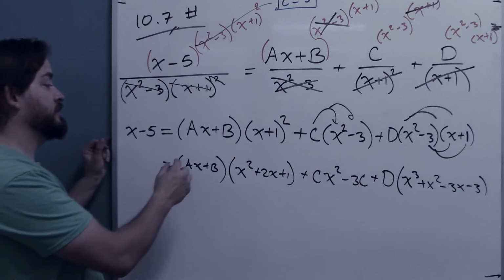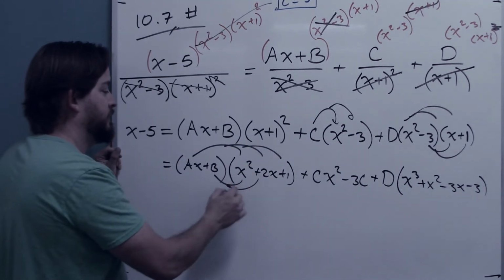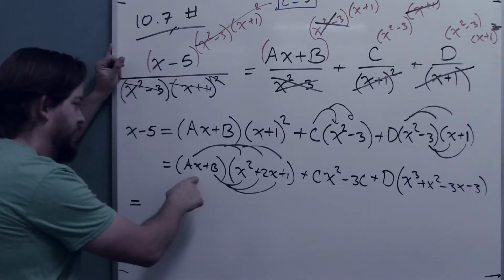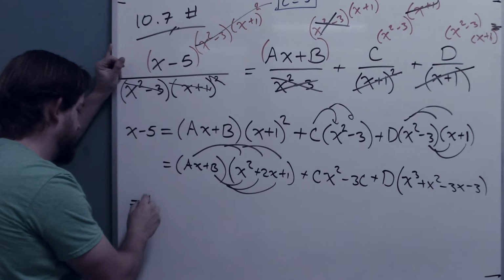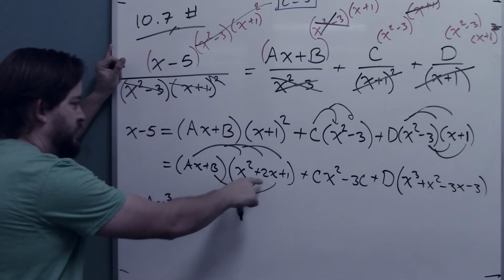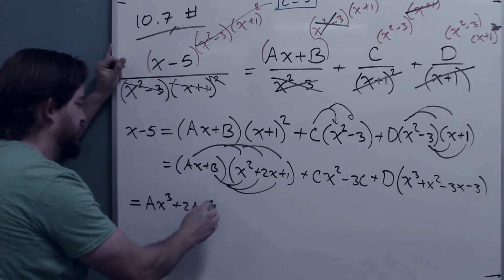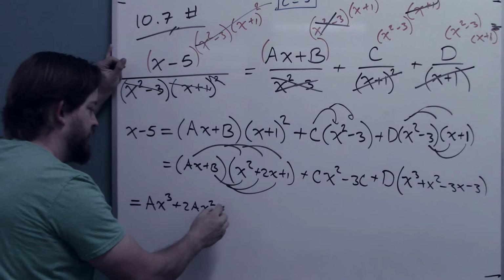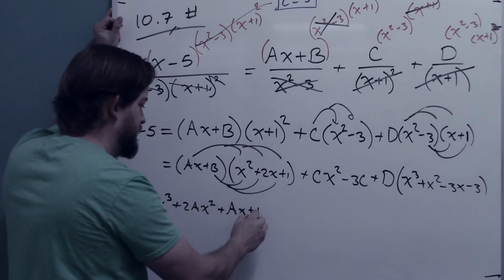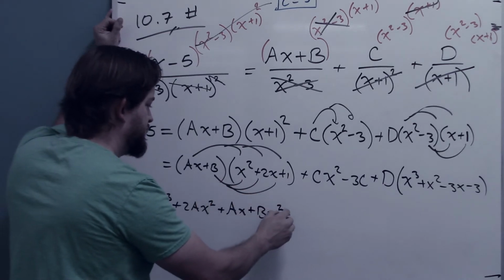The next thing I'm going to do is take this ax plus b and distribute it through my trinomial here. So I get ax times x squared is ax to the third. Ax times 2x is plus 2ax squared. Ax times 1 is ax. And then bx squared. And then 2bx.